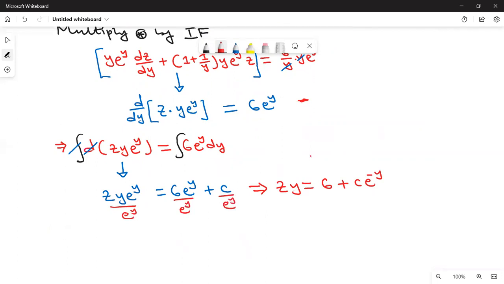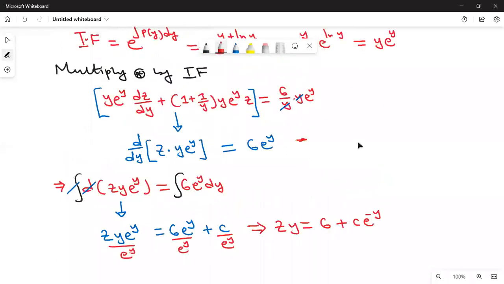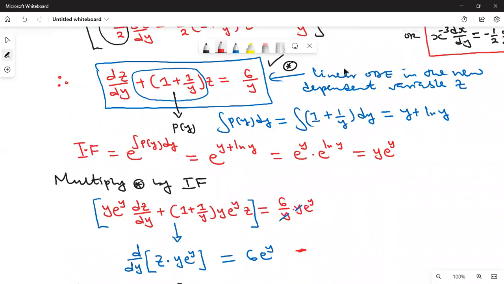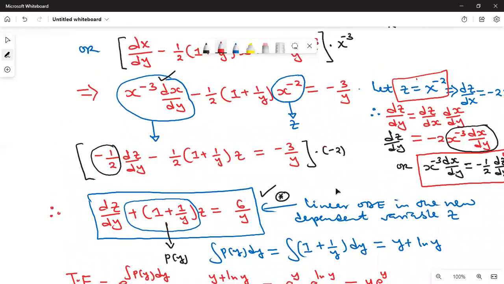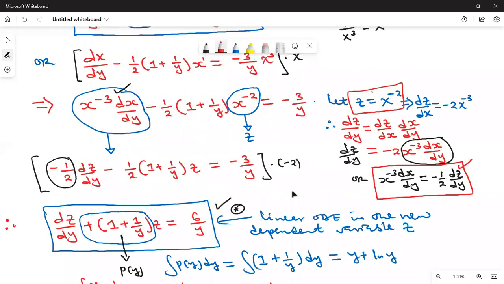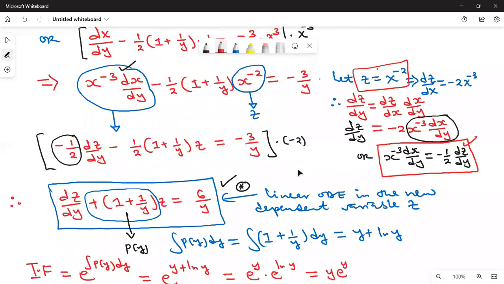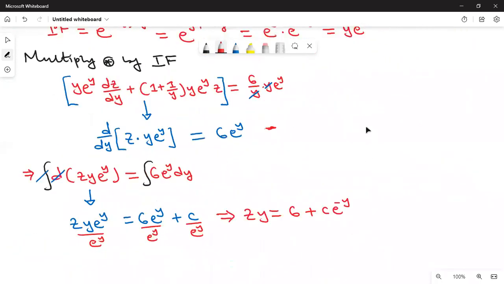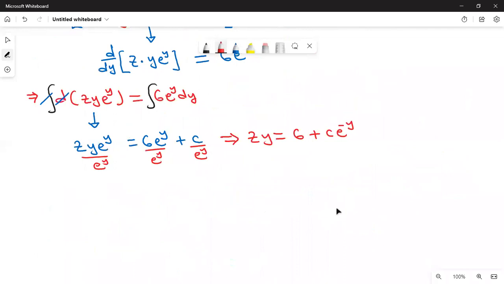That is our general solution, but you have to replace z. So where did we define our z? Go back and check. In the substitutions, we said let z be equal to x raised to negative 2. So we replace z by x raised to negative 2. Let's see what we are going to get.